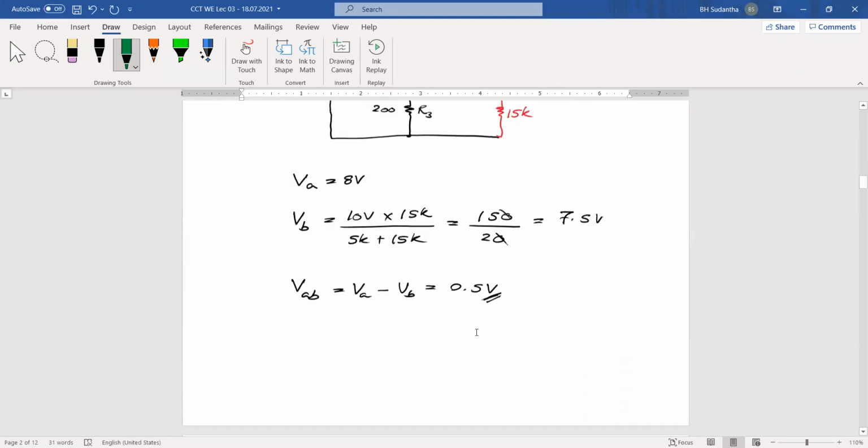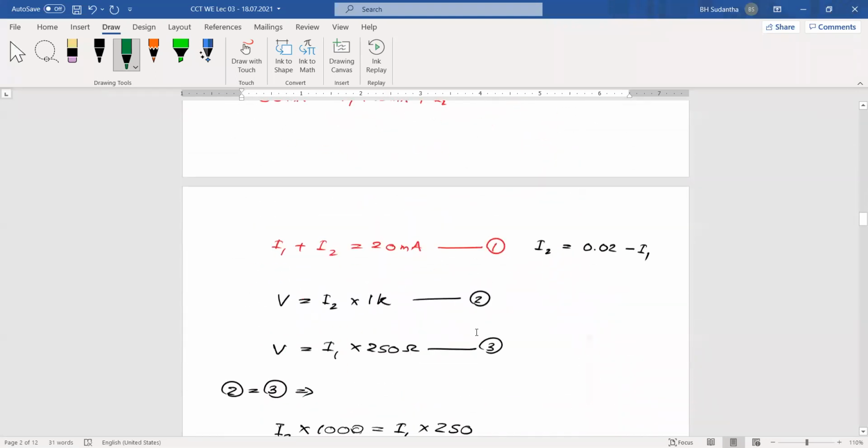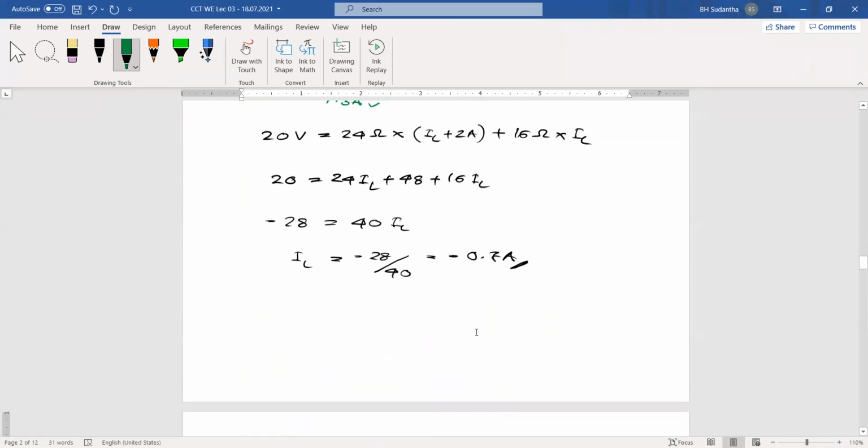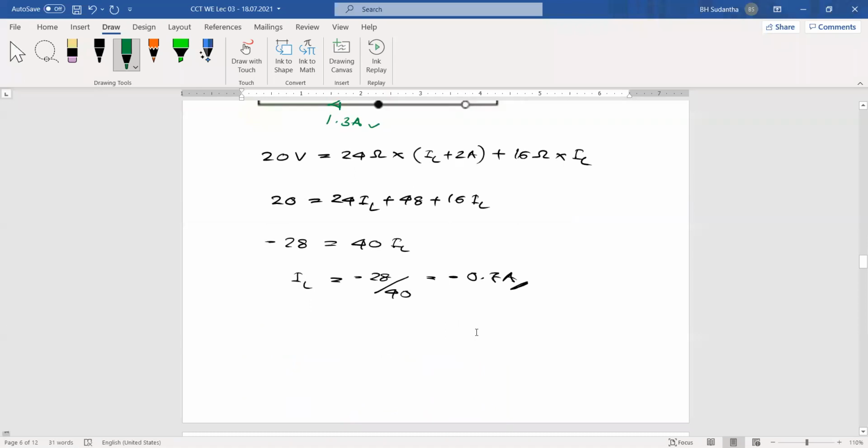But we are going to learn a new theorem now, and with this theorem we can easily do these types of calculations.